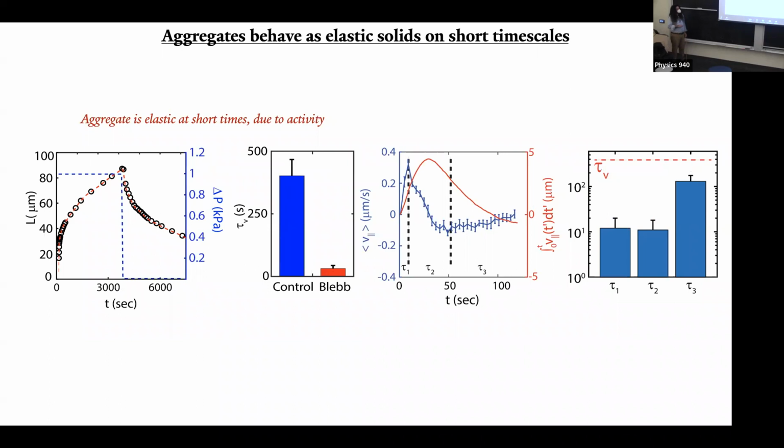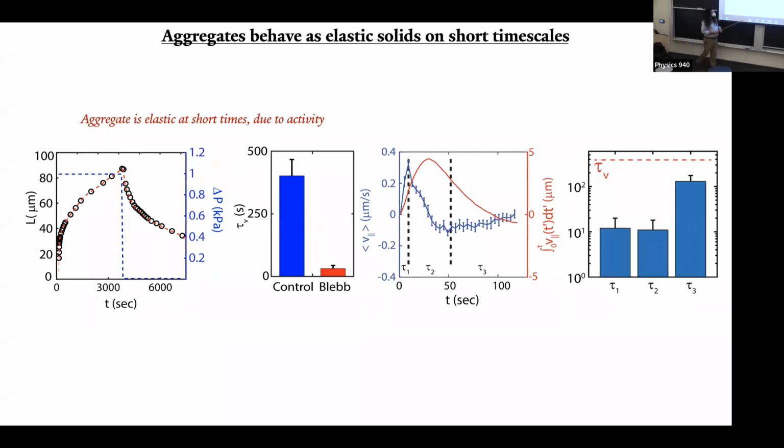Now, before, we were saying that the aggregate behaved as a fluid. We compared the timescale of the experiment to the viscoelastic timescale. It was much longer, so we called it a fluid. In this case, we were showing that you have motions that are just a few seconds long. So the viscoelastic relaxation was a few minutes.